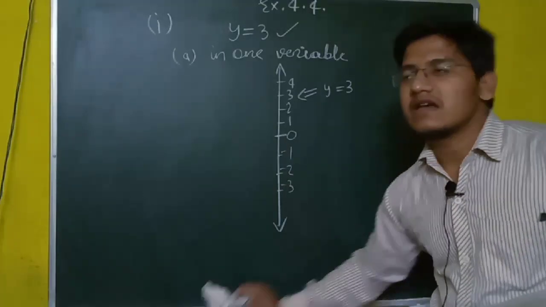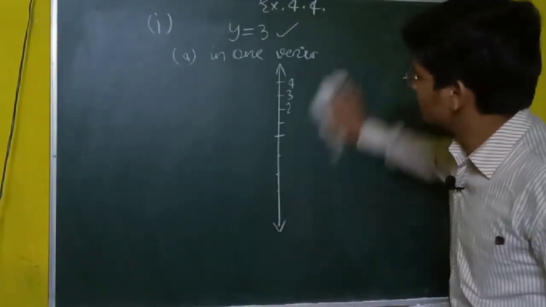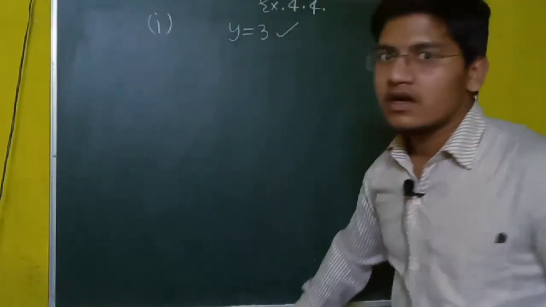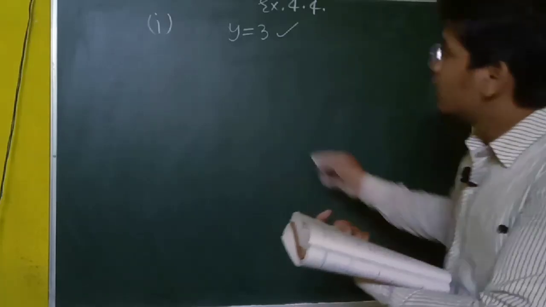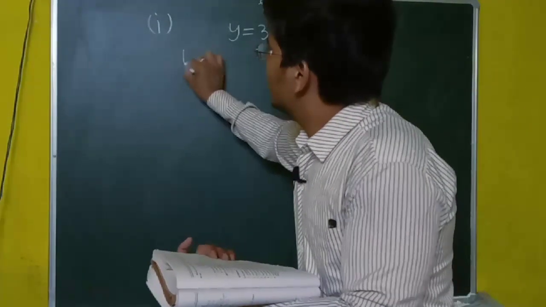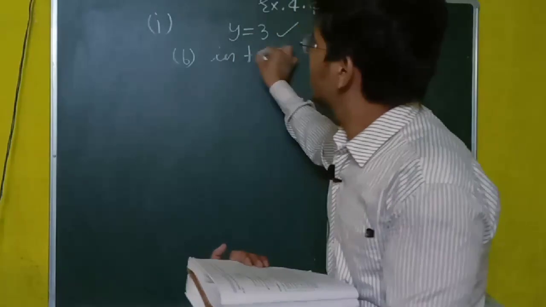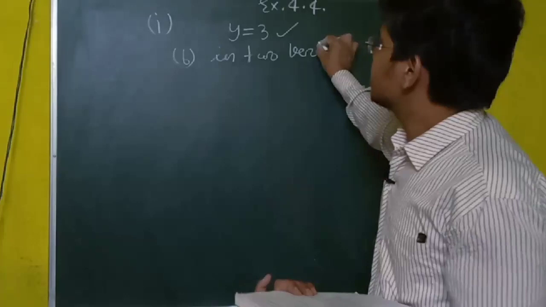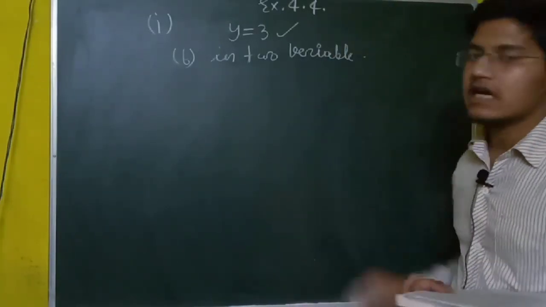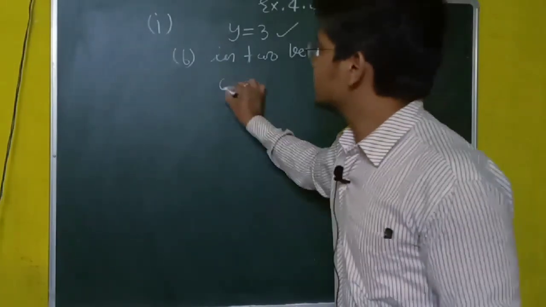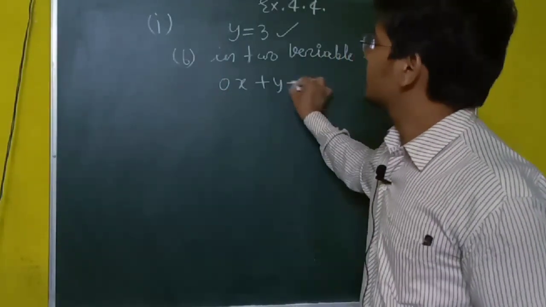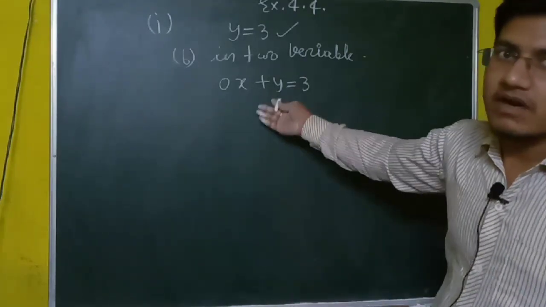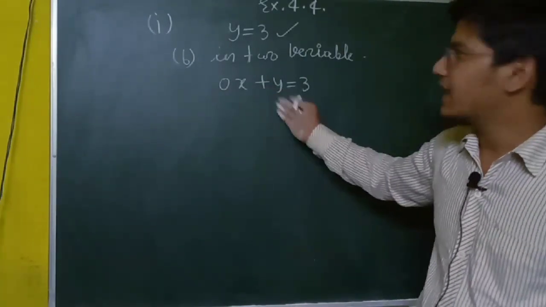Now they are asking us in the second question, we have to represent this in two variables. Now we are seeing here that only one variable is present, so we are considering 0x plus y equals 3. 0x plus y equals 3 because variable x is not there, so we are considering x as 0.